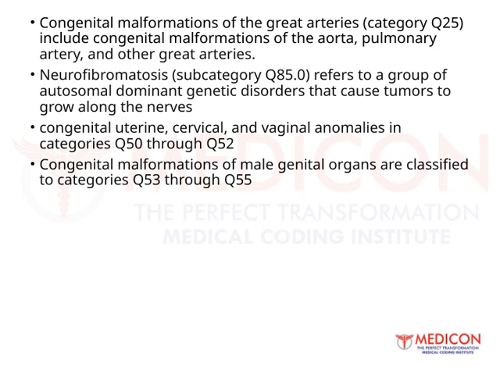Next, we see congenital uterine, cervical, and vaginal anomalies, categorized from Q50 through Q52. These are structural issues that can affect reproductive health and development, highlighting the importance of early detection and intervention. Finally, congenital malformations of male genital organs are classified within categories Q53 through Q55.